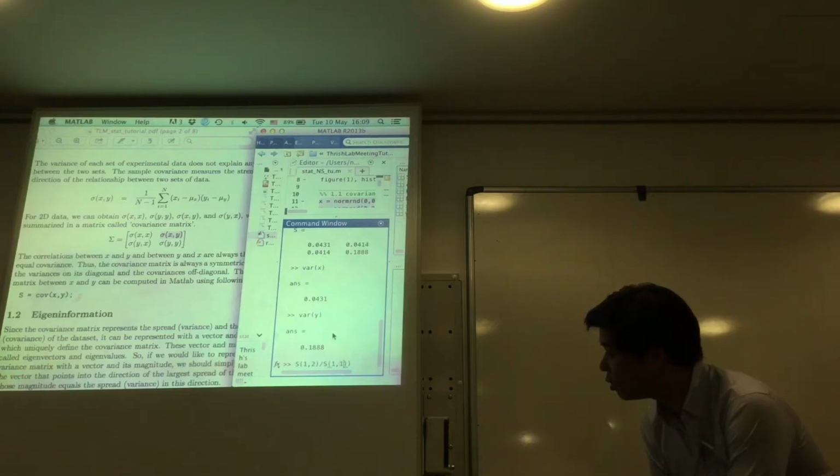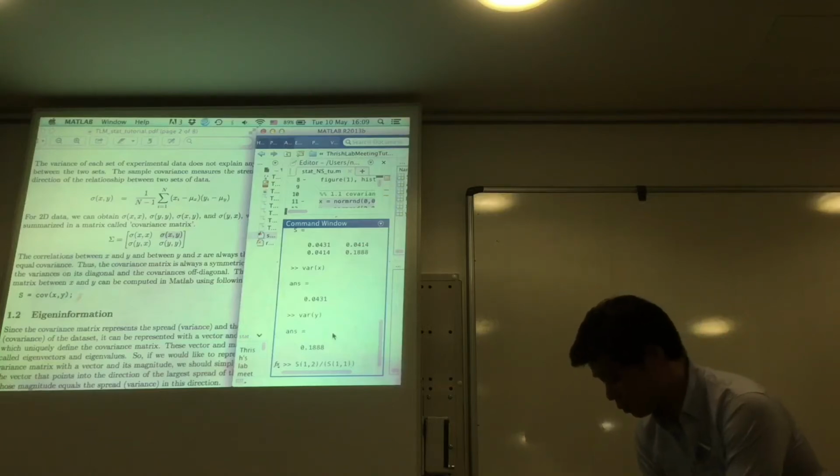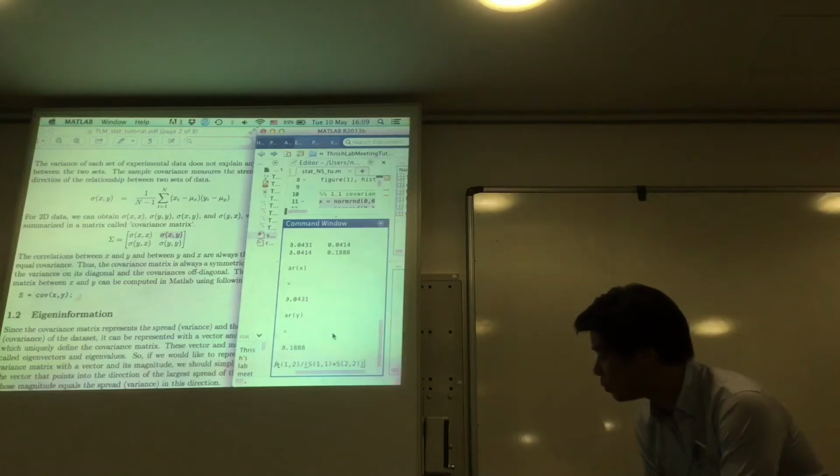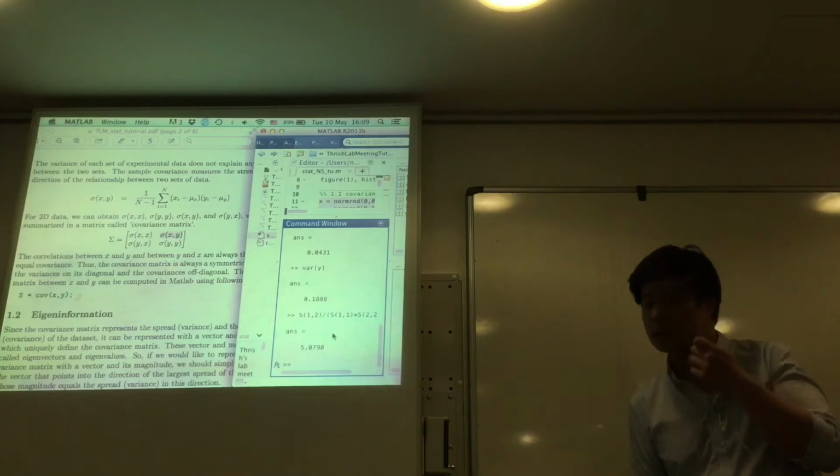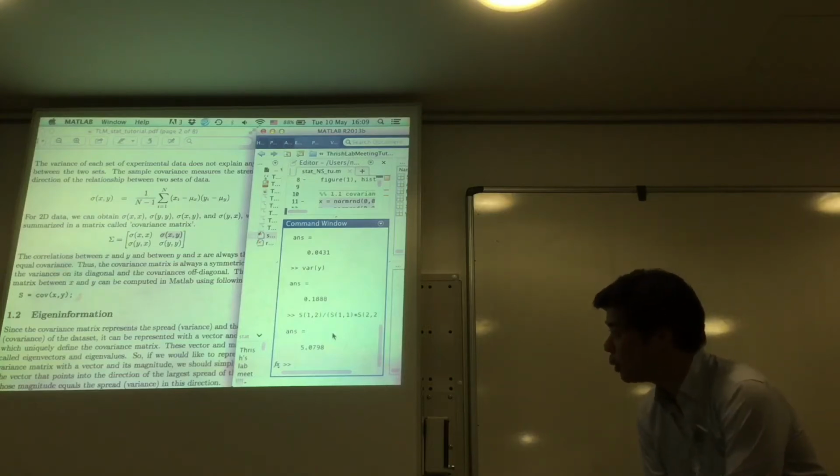S12 is the numerator, and the denominator is S11 times S22, with a square root taken.